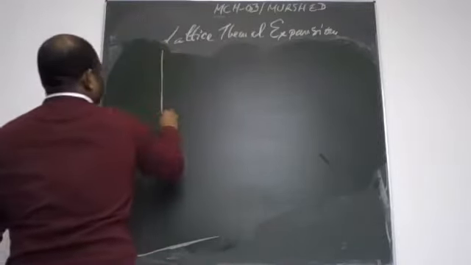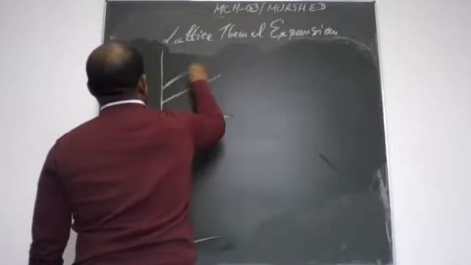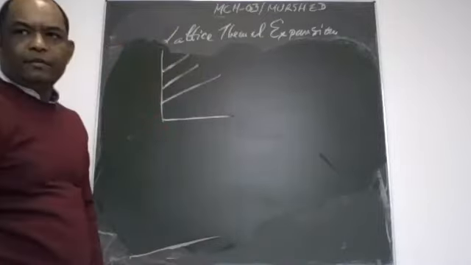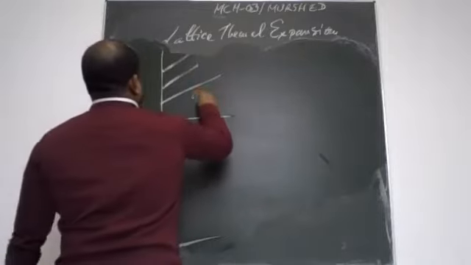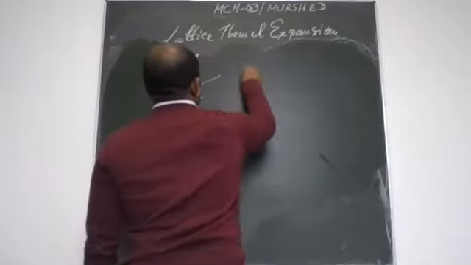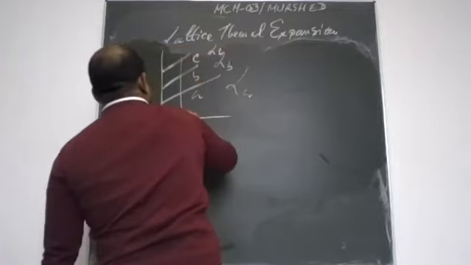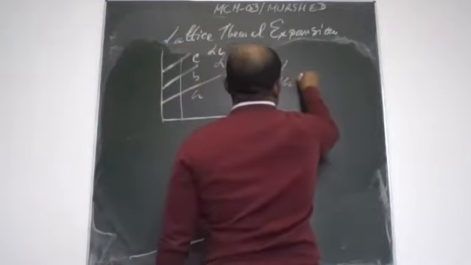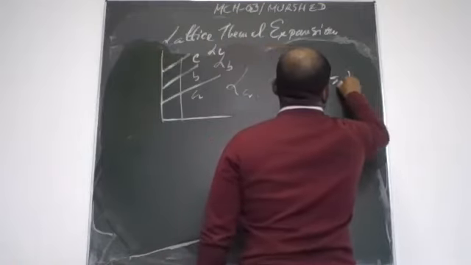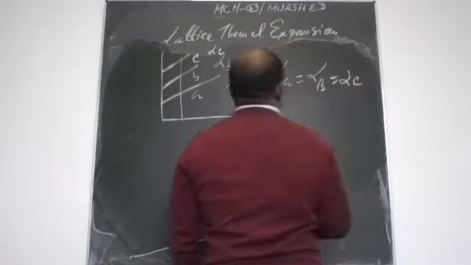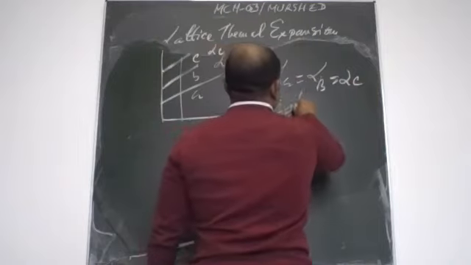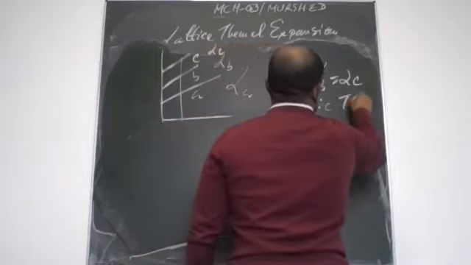In an orthorhombic system, again, if all slopes are similar, so A, B, C, that means your alpha A, alpha B, alpha C at any given temperature is alpha A equal to alpha B equal to alpha C. We call it isotropic thermal expansion.